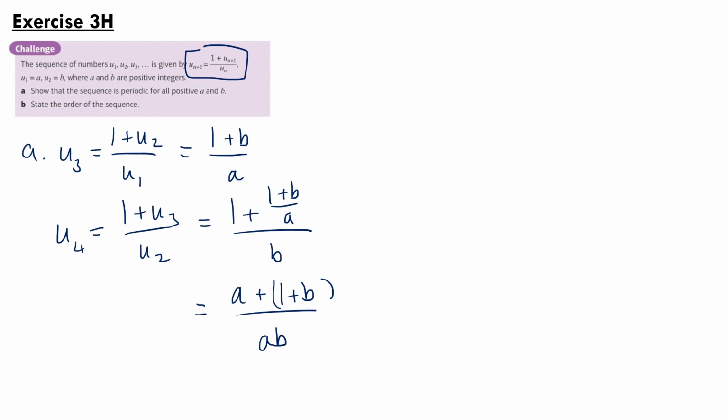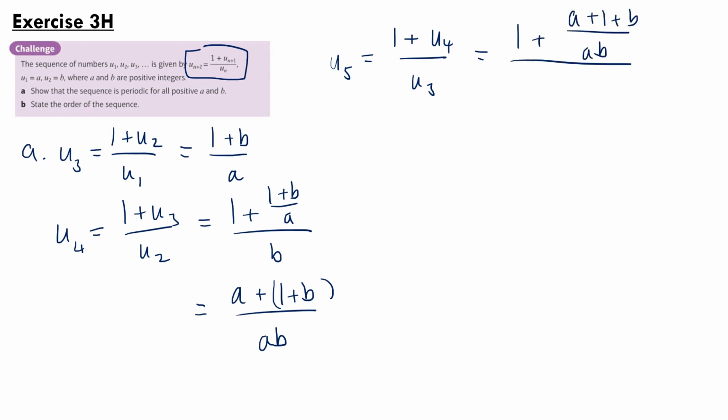And now if we find u5, we're going to get (1 + u4)/u3. So 1 plus (a + 1 + b)/(ab), all over u3, which is (1 + b)/a. Now here, if we multiply top and bottom by ab to get rid of the fractions, we're going to have (ab + a + 1 + b)/(b(1 + b)).